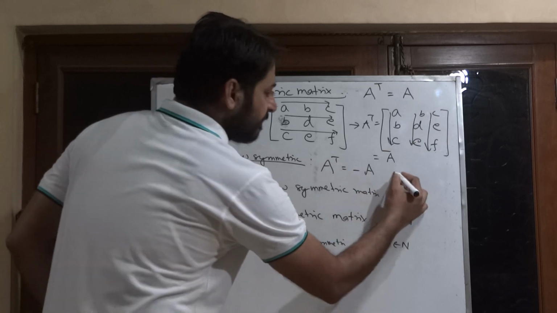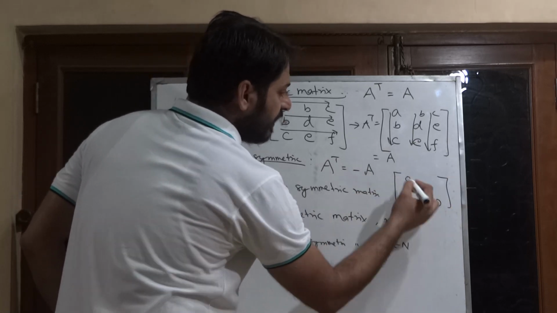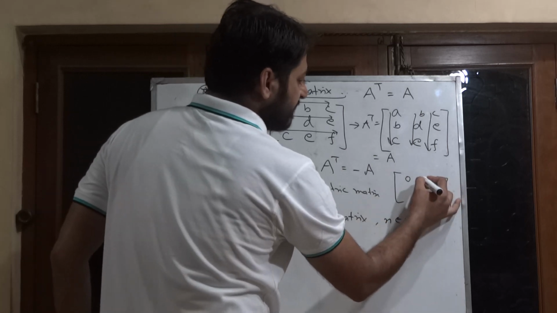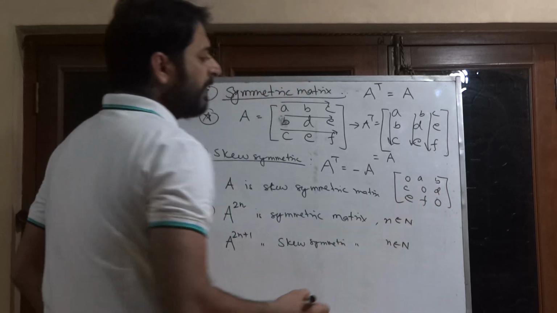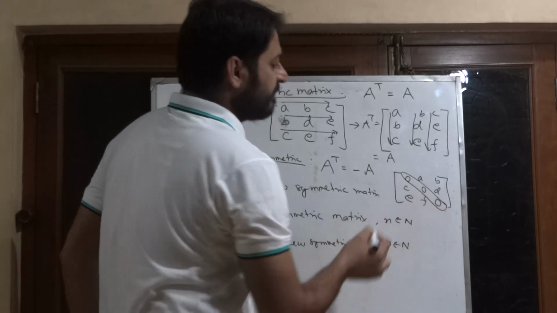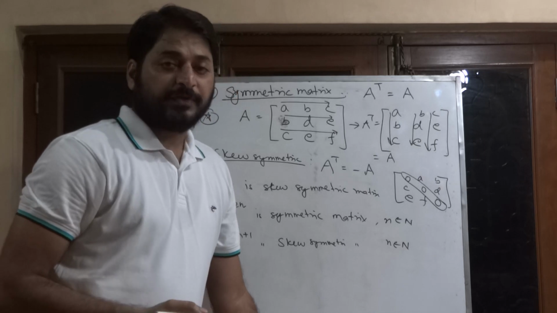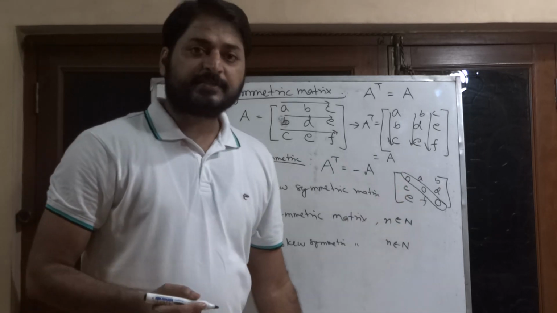If I give you an example, it's like 0, 0, 0, and the other elements may be some numbers like A, B, C, D, E, F, but the principal diagonal elements are always 0 in a skew symmetric matrix. And what we know is, if all the diagonal elements are 0, the determinant is always 0.